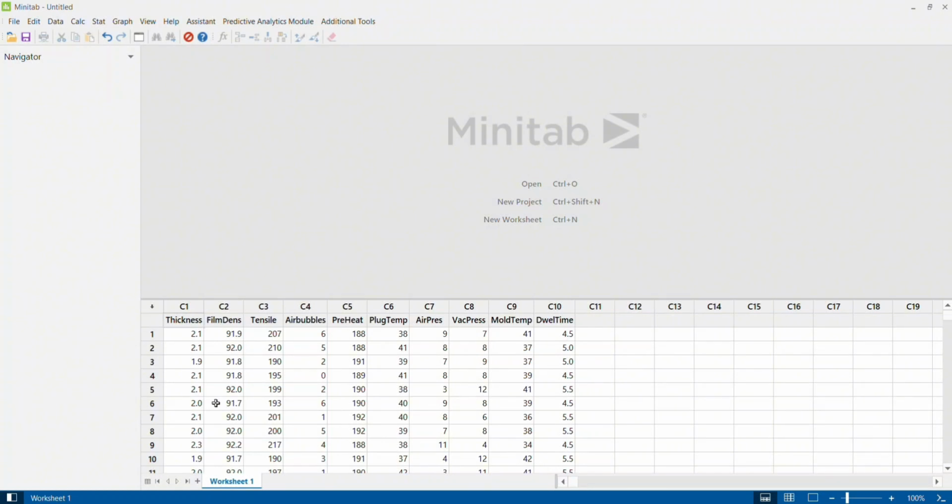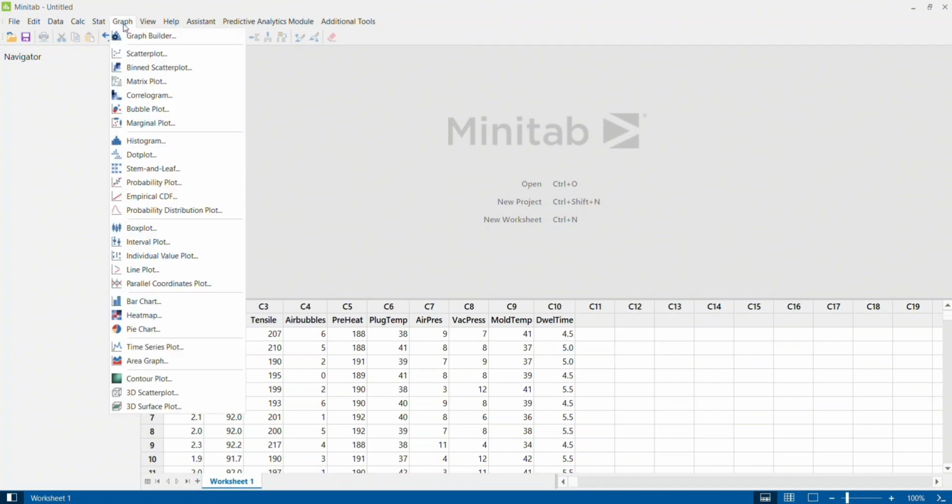Now, to see whether this really impacts my thickness or not, I need to understand the relationship between my individual x's and my y, and also because it's going to be multiple regression, I need to examine the presence of multicollinearity among the x's. So to do this, in the traditional graph that Minitab offers, I can click on Graph and go to Matrix Plot.